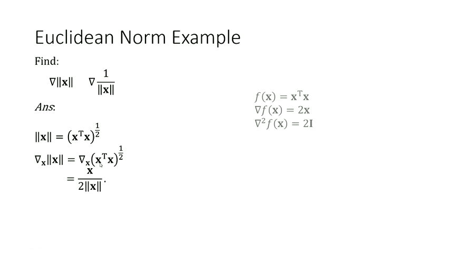Times the derivative of X transpose X, which is 2X. And likewise, the derivative of 1 over the norm, I should have a negative sign here, right? I should have a negative sign here.